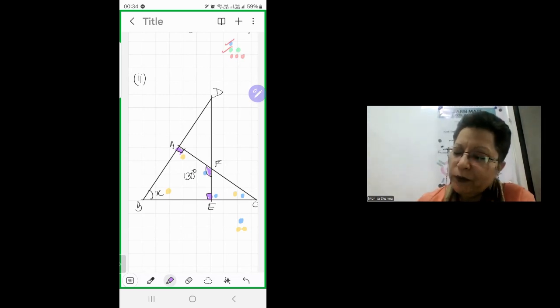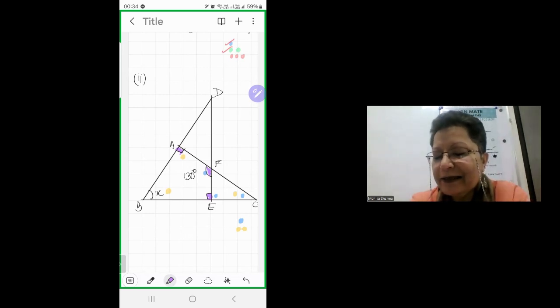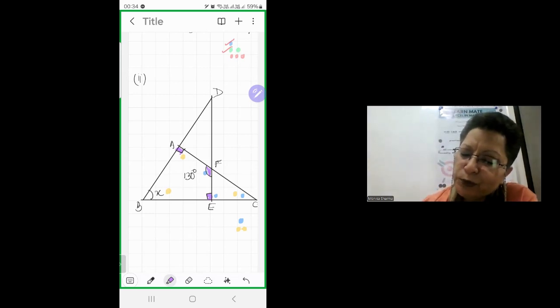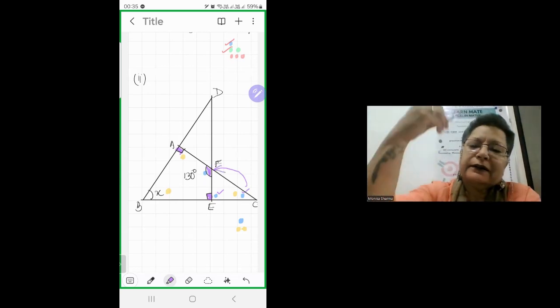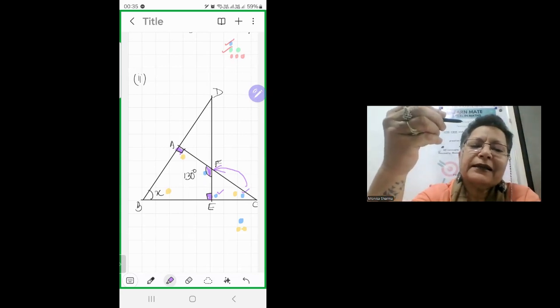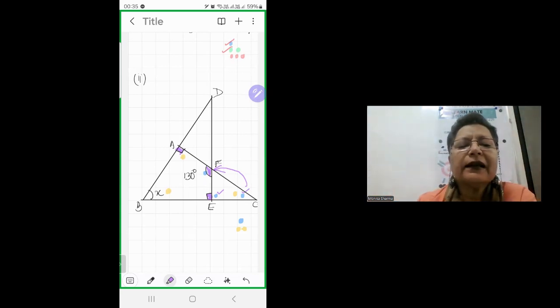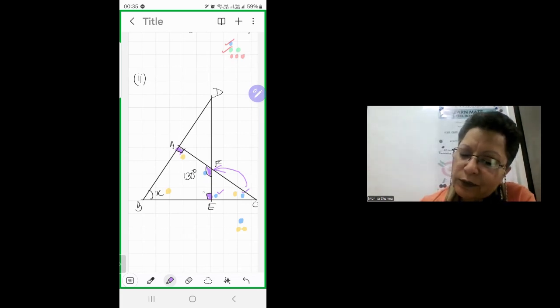Now, knowing this much, can I say that the two blue dots, that's angle E here and angle C here, should be equal to the exterior angle at point F for triangle FEC? That angle on the top is the exterior angle and below are the interior angles, angle E and angle C. If this one here is 90, what do you think this one is going to be?